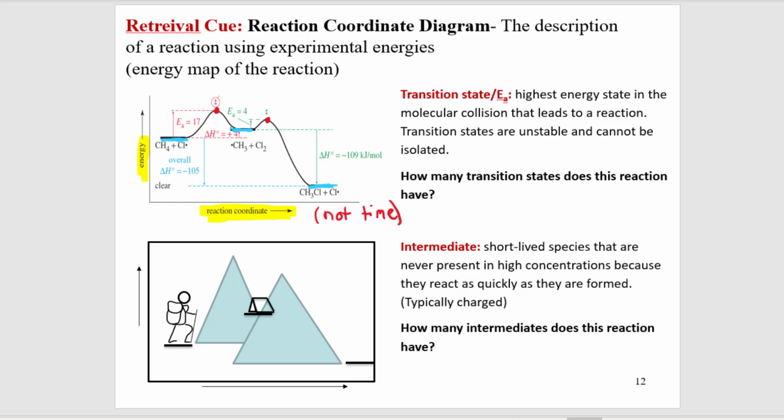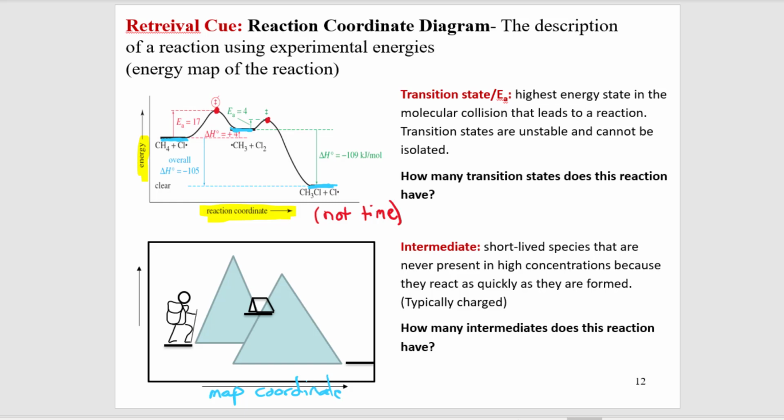So the transition states are those high energy points that you have to climb, that you have to give the system to get to the next energy, whether it's higher or lower. We can liken this to a hiker on a map, right? So here's our map coordinate. Not time, just map coordinate.